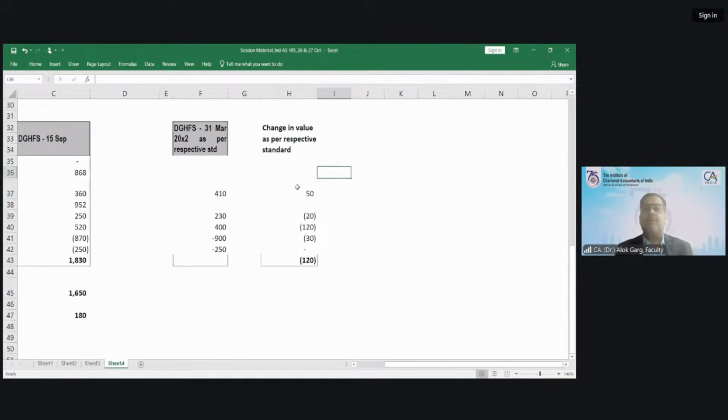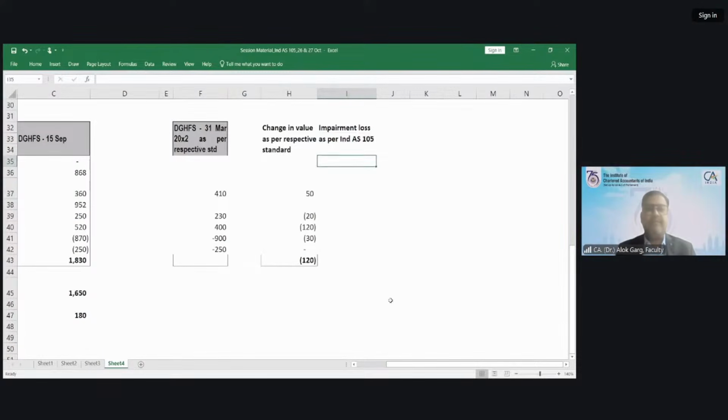Okay, so now the impairment loss as per Ind AS 105.